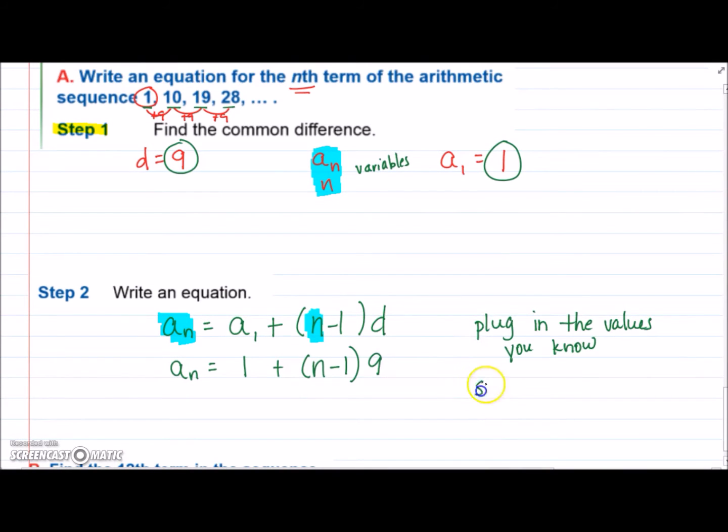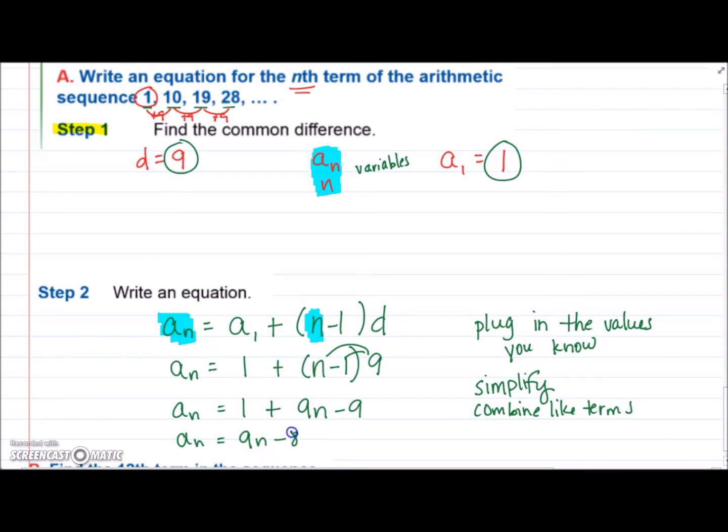Now, simplify. So we're going to do a sub n equals 1 plus, I'm going to distribute. I get 9n minus 9. Combine like terms. And I get a sub n equals 9n minus 8.